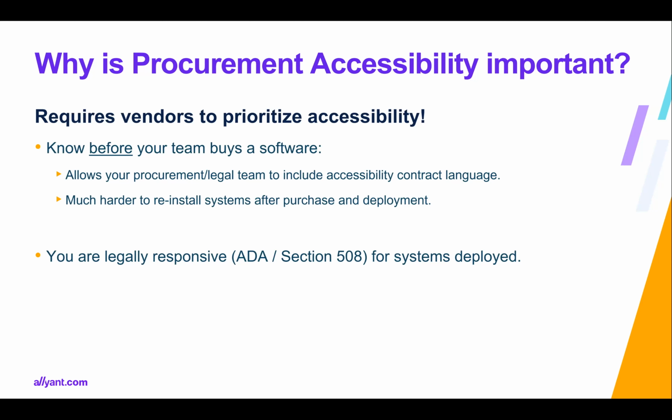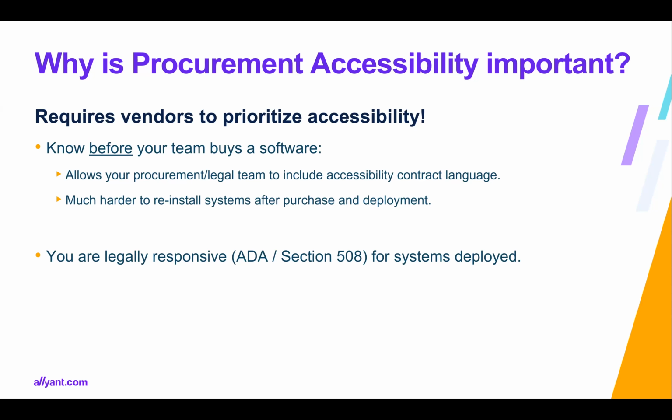The biggest challenge a lot of teams face is they procure a software. And we've all been there, right? Marketing procures something, IT, people services, sales, whoever it is, someone procures something and signs a 2 or 3 year agreement.